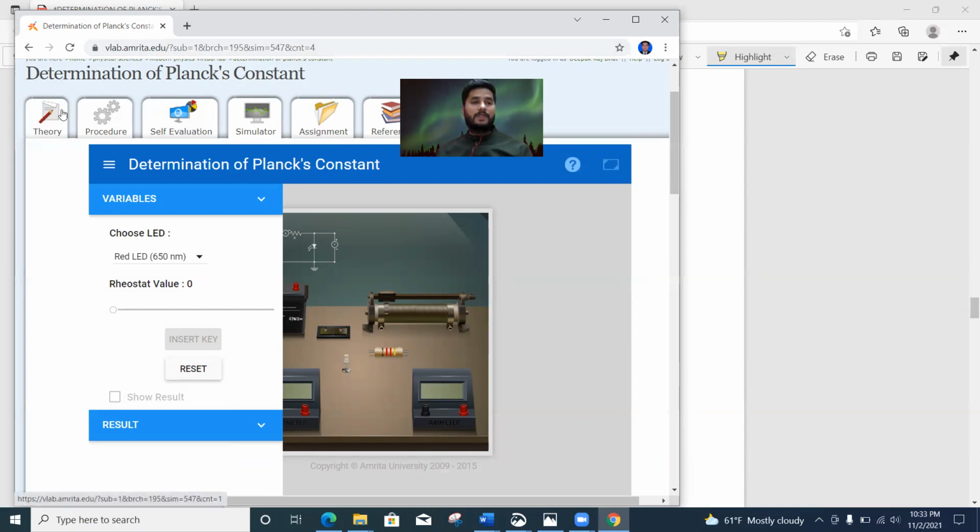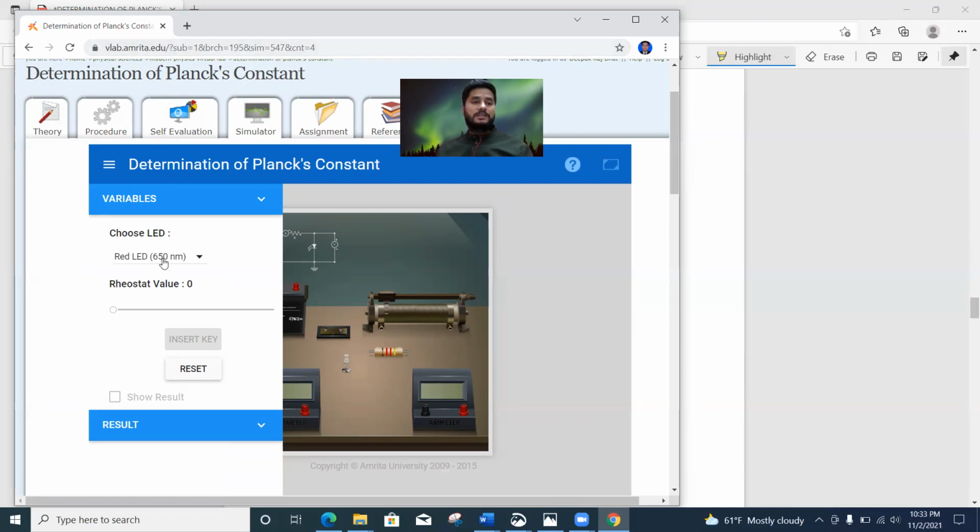Then we click on our email address for performing this virtual lab. After that we find options like chemistry lab, physics lab, bio lab, bioengineering lab. Then we click on our physics lab.